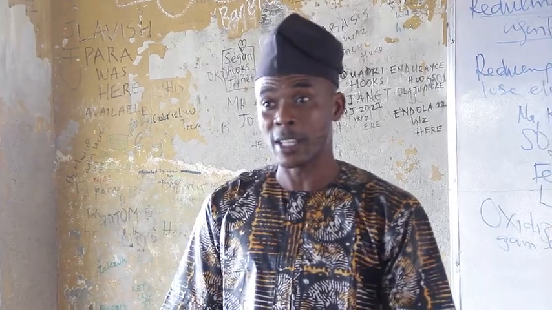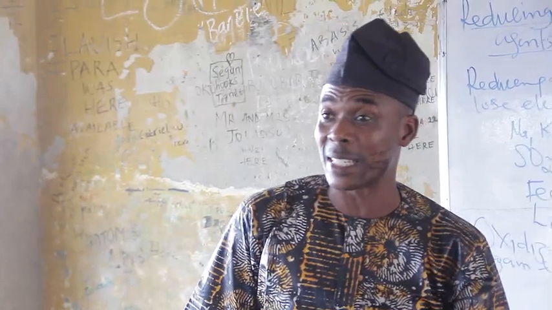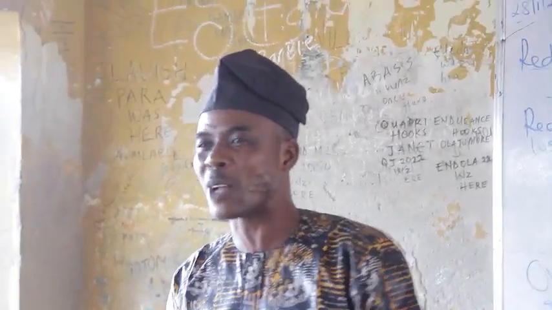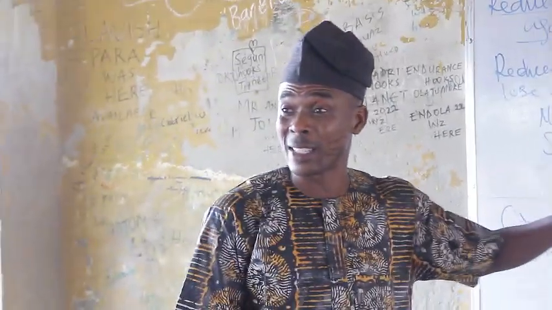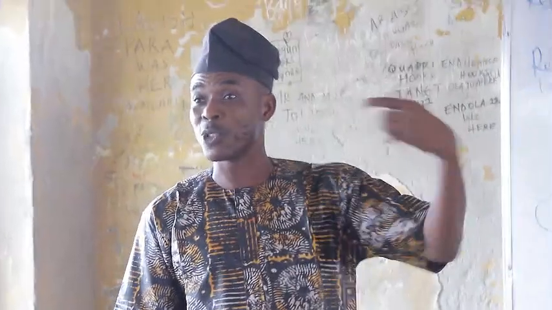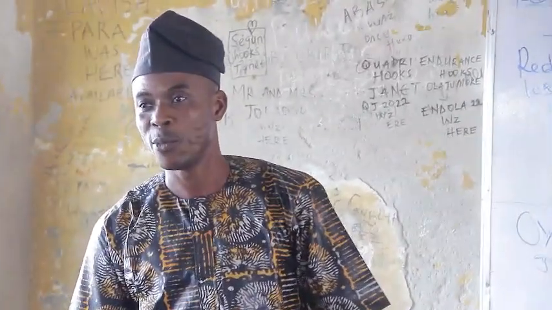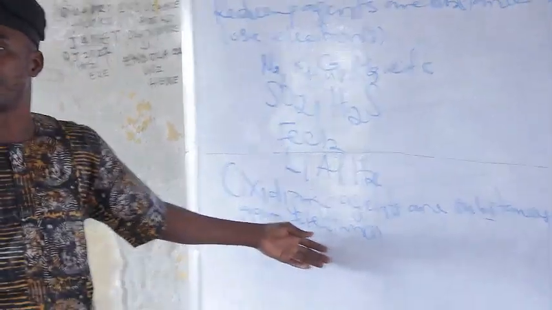If you are given an equation and there is an oxidizing agent, there must be a reducing agent. Because if you just have a reducing agent without an oxidizing agent, if electron is lost, what will accept the electron? That proves that you cannot separate oxidation from reduction.